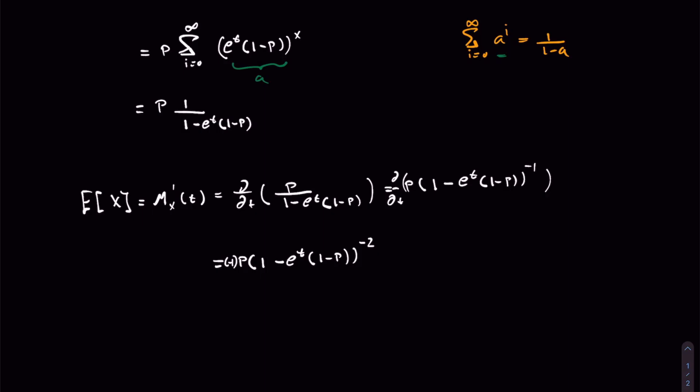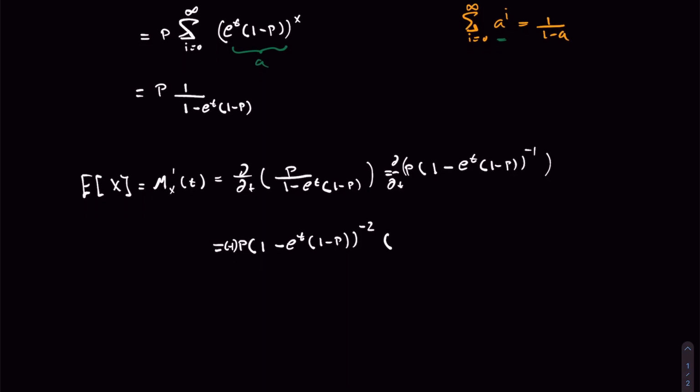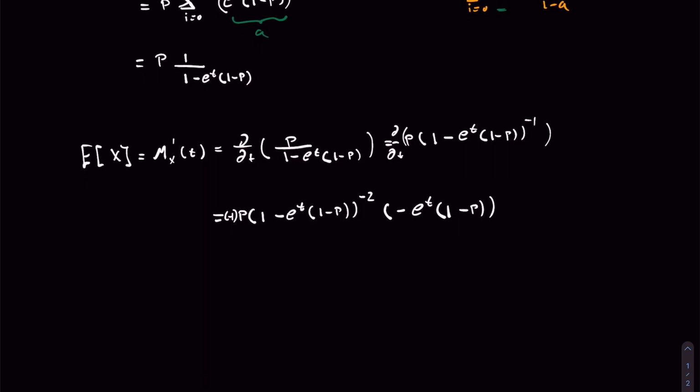Then we take the derivative of the inner function, which is just minus e to the t (1 minus p). So just to double check: we're getting this down here, and then we take the derivative of the inner function, that's minus e to the t. Yep, that looks right.